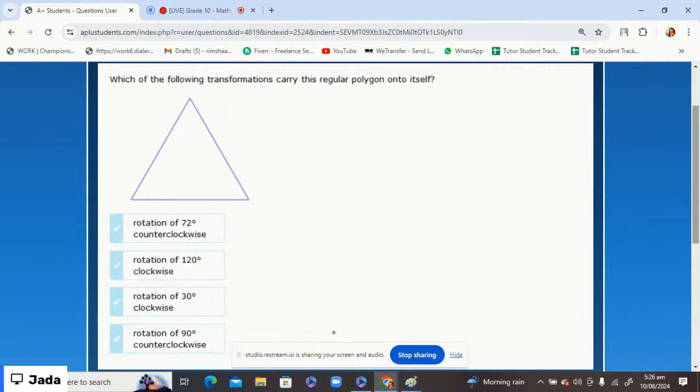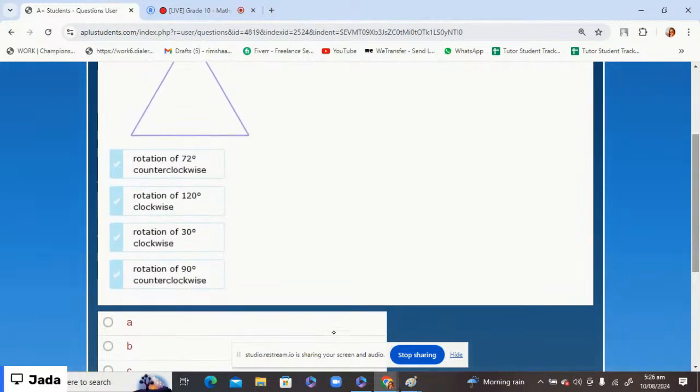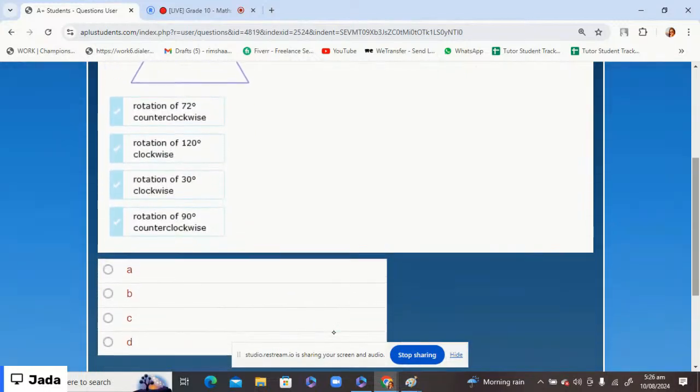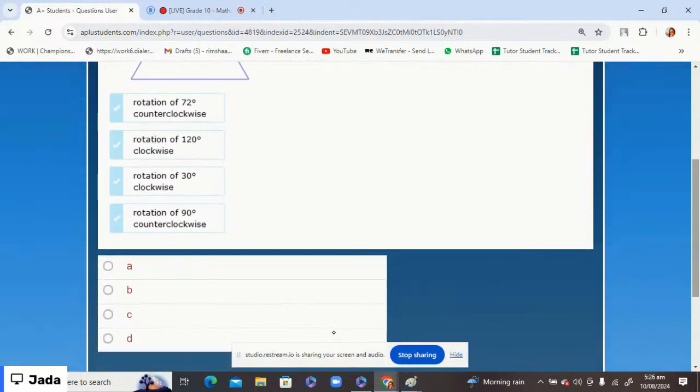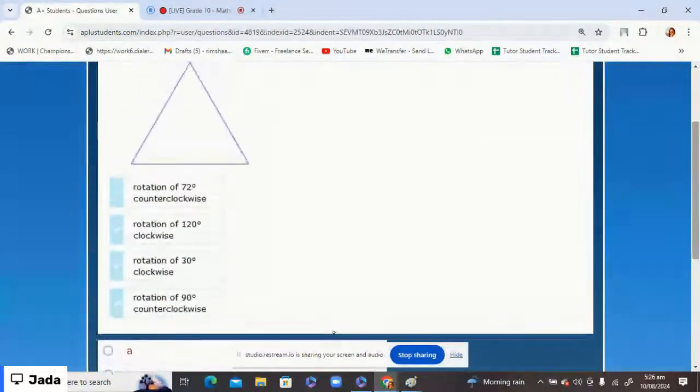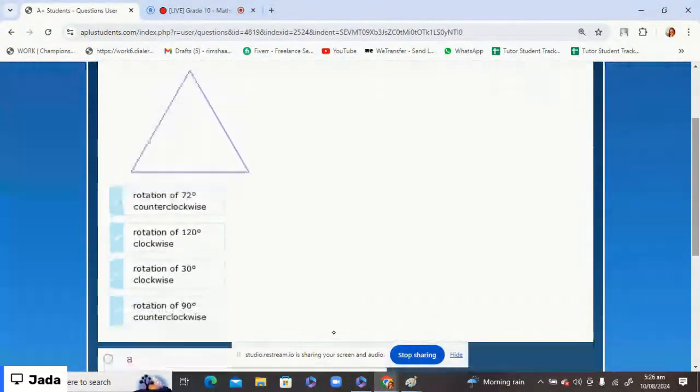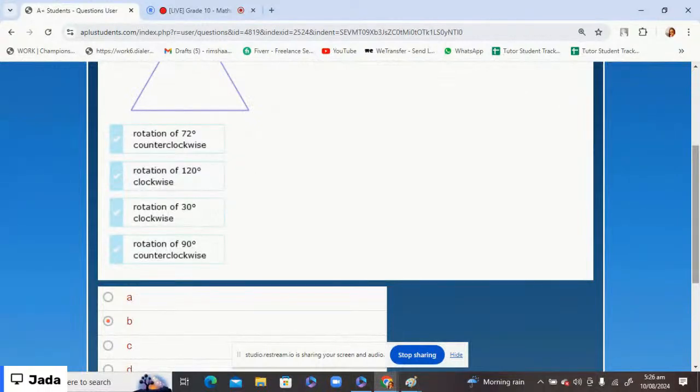Got it? So we can say 360 over 3, how much is it? It's 120. So rotation of 120 clockwise, option B. You just divide 360 over the number of sides. How many total angles in it?